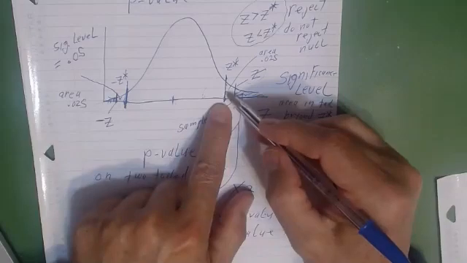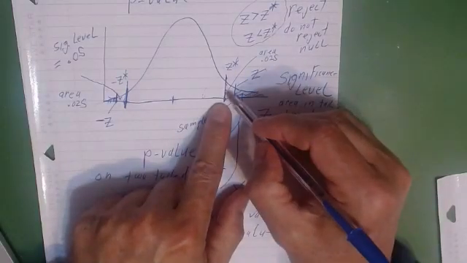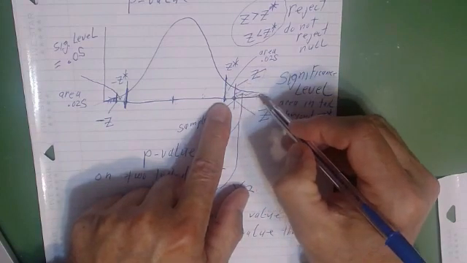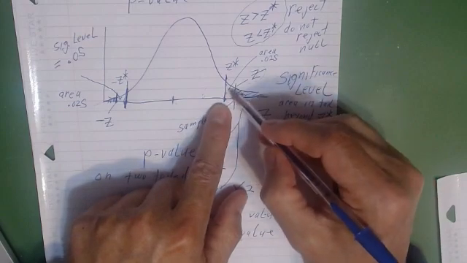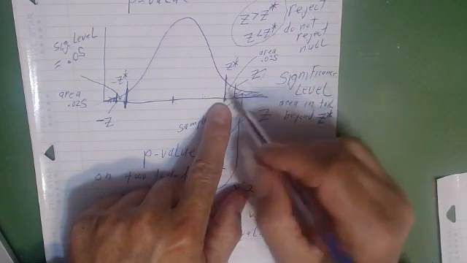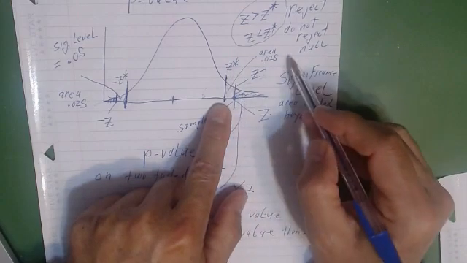If this is a one-tailed test, this probability is 0.05 at the 95% confidence level, 0.05 significance level. It means you have a 0.05 probability of hitting at Z star or more extreme than that.